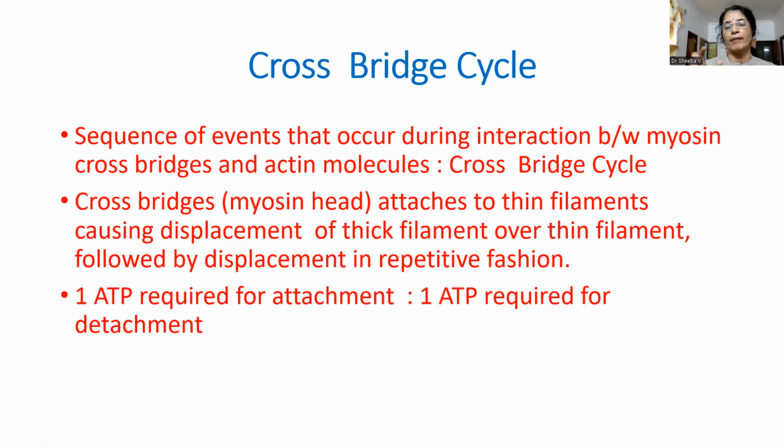This is the sliding filament theory, or walk along theory, of muscle contraction. For the attachment of the myosin cross bridge to the active site, one molecule of ATP is required, and another molecule of ATP is required for detachment. That means two molecules are required for one attachment detachment cycle.